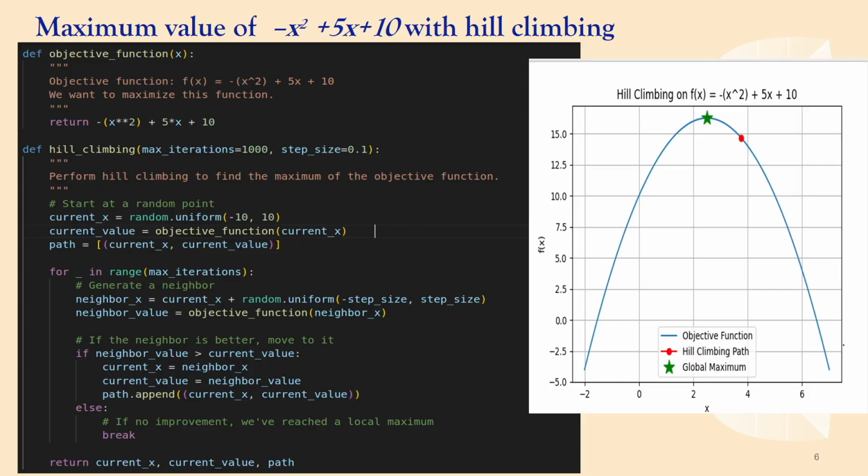And for the hill climbing algorithm, if you remember, we did this type of curve where this is an objective function, minus x squared plus 5x plus 10, and this is the hill climbing path which it has to climb. Suppose we start right here, the next random point is going to be here, and suppose this point is A and this is B. If B is greater than A, then make this the neighbor and move.